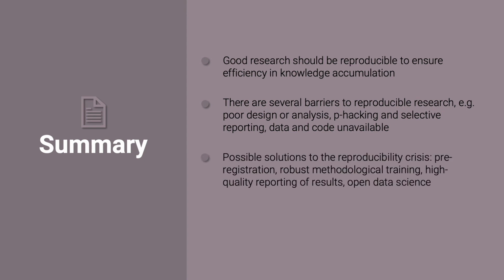Possible solutions to the reproducibility crisis include pre-registration of study protocols, undertaking robust methodological and statistical training, improving the quality of the reporting of research, and promoting open data science practices.